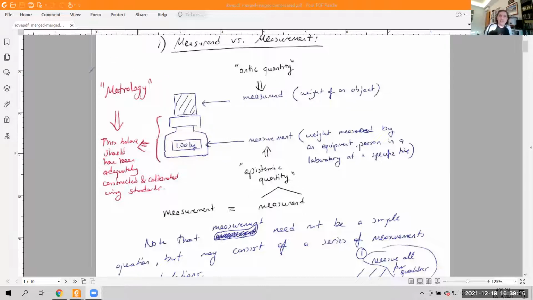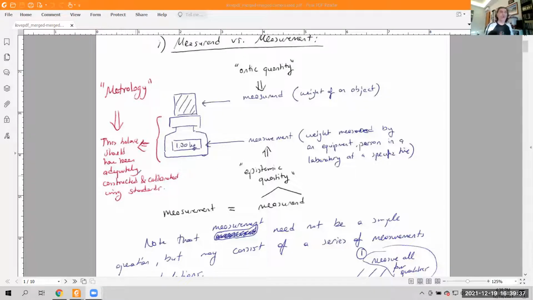And the science related with this whole measuring concept is called metrology. And here, for instance, the laboratory balance that we are using should be adequately constructed and also correctly calibrated using standards. Here, the calibration concept is very important.